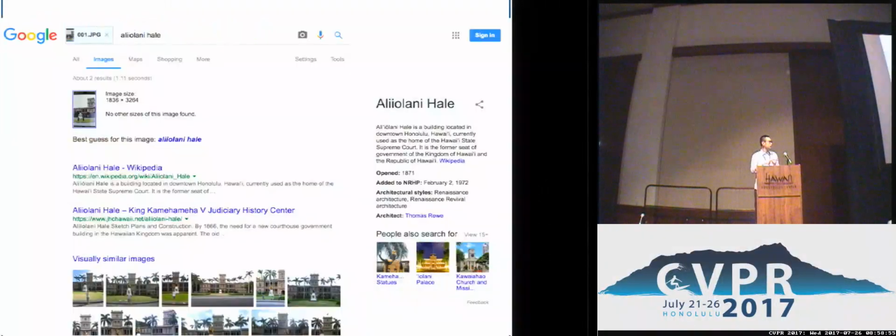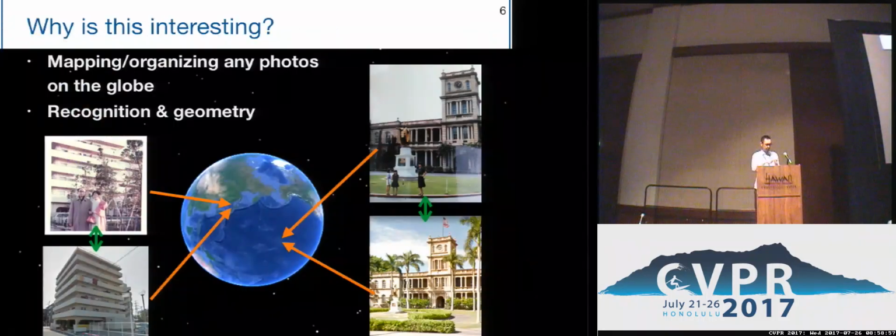Now, I want to discuss why this is interesting. Photos, images, videos are everywhere nowadays. I cannot really organize my thousands of photos of my kids. But for personal photos, it should be okay to organize by time, because you can look back by time.